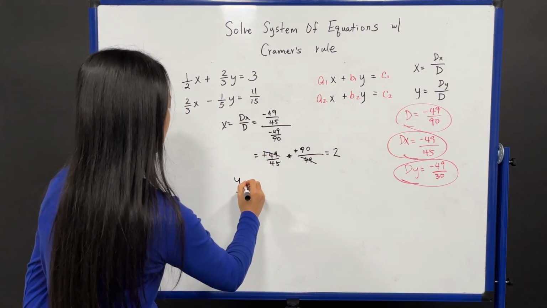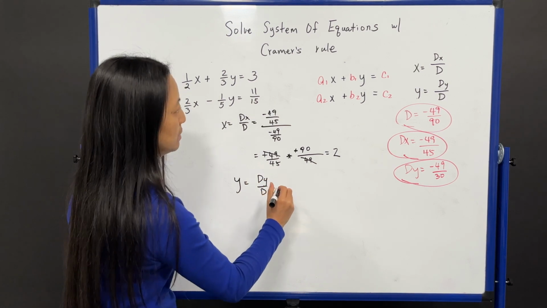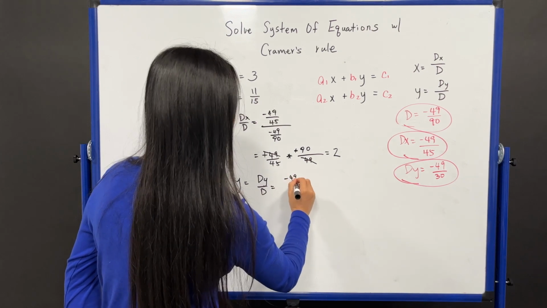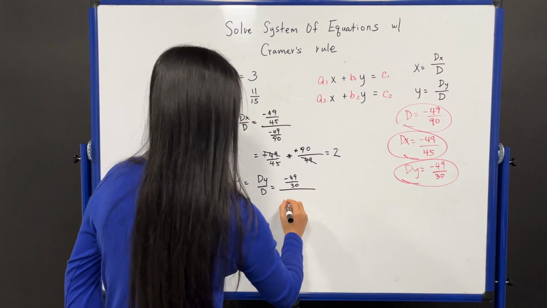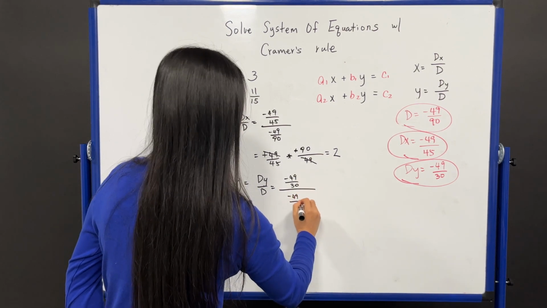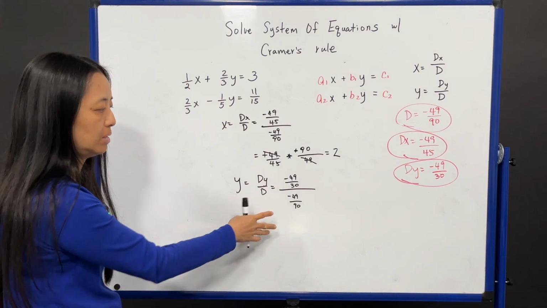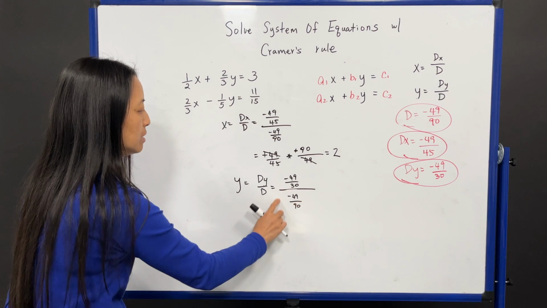And now our y is going to be d of y over d. d of y is this number, negative 49 over 30, divided by negative 49 over 90. Once again, we're dividing by fractions, so we want to multiply by the reciprocal of the denominator.